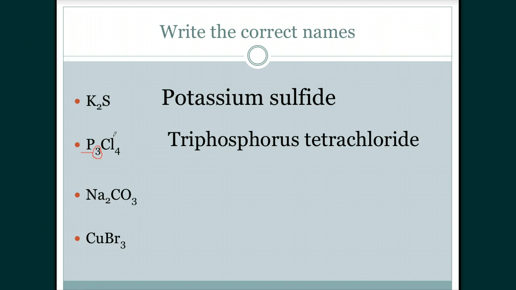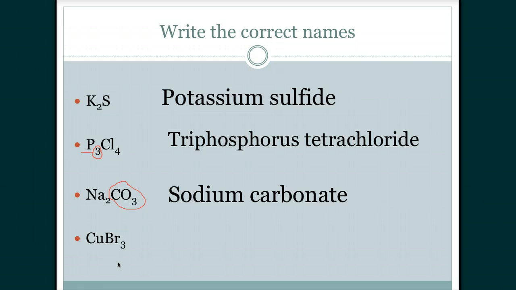Instead of chlorine, we say chloride, but we're not saying ion because this is not an ionic compound. So triphosphorus tetrachloride. Then right here, this is a polyatomic compound, and you can look up in your periodic table what this is: this is carbonate, and so sodium carbonate is the name of our compound.